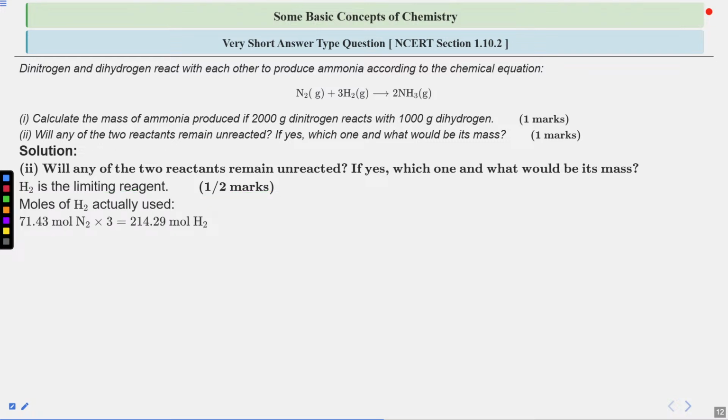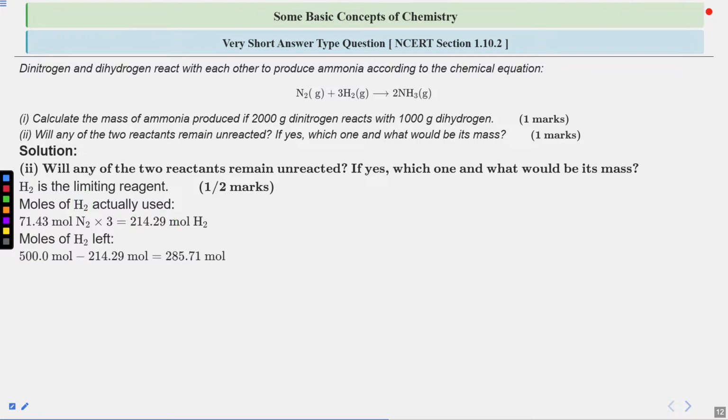Then what is the moles of hydrogen that was used? We have calculated this. It was 214.29. Since we have 71.43 moles of nitrogen, it will require 214.29 moles of hydrogen.